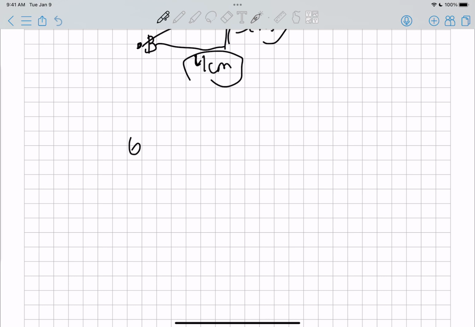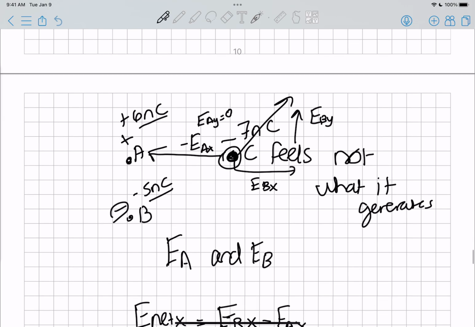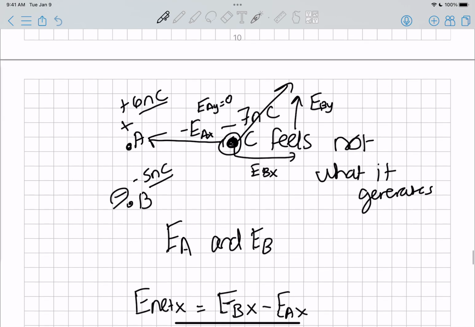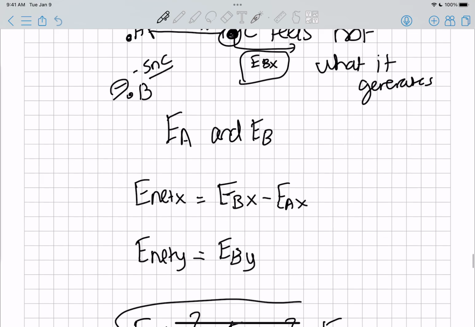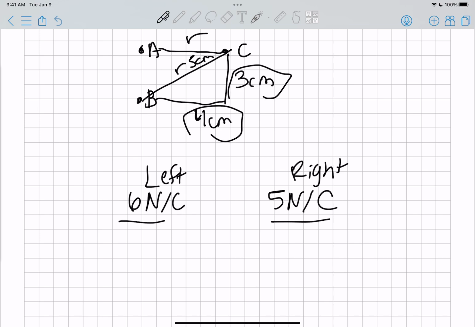So if I had 6 newtons per coulomb, and that's my E_A x, and if I were to figure out the x component of my electric field due to B, let's say that was 5 newtons per coulomb. Well, one is pointing to the left and one is pointing to the right. I figured out the absolute value of each one. I've done my kQ over r squared. My Q's were both positive, and I figured out that this is 6 and this is 5.